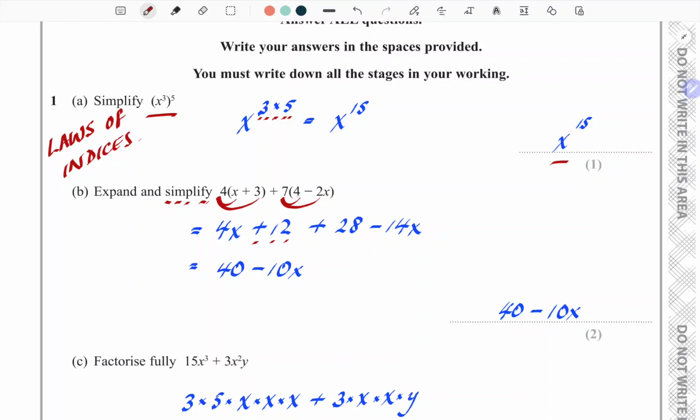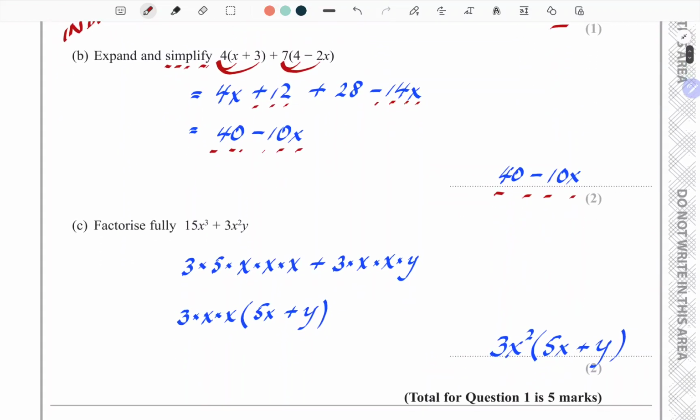And then in the second bracket, you've got 7 times 4, so 28. And then 7 times minus 2x, so minus 14x. Combine all of that, 12 plus 28, 40, and 4x minus 14x, minus 10x. Hence 40 minus 10x.